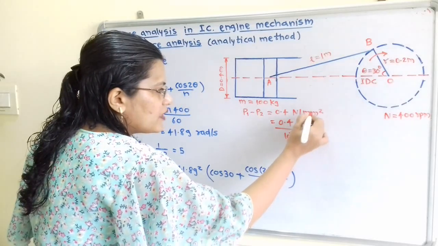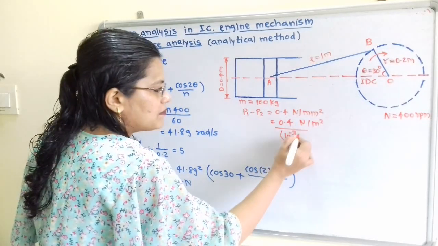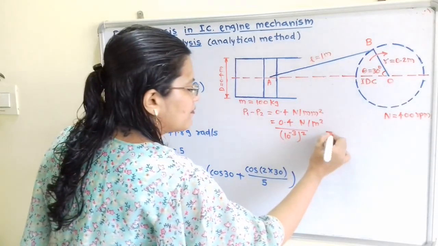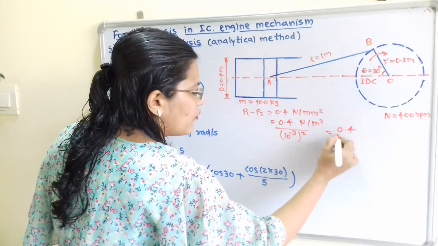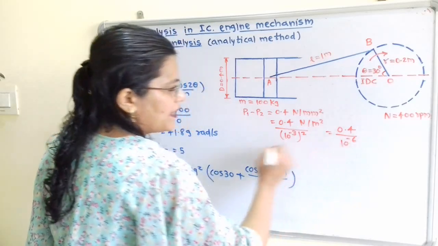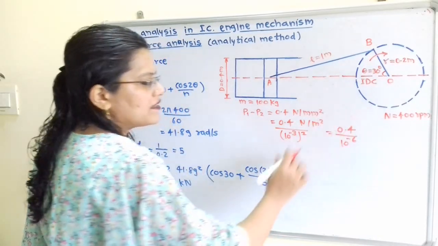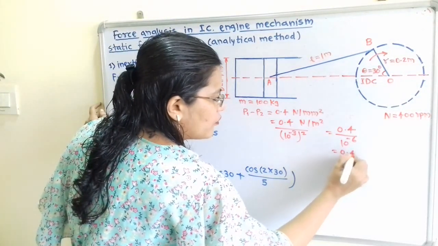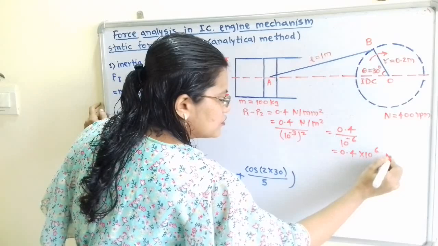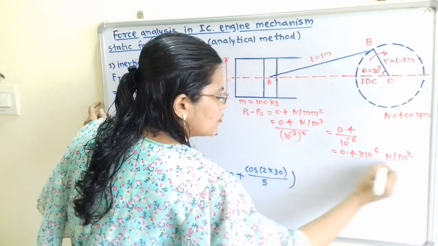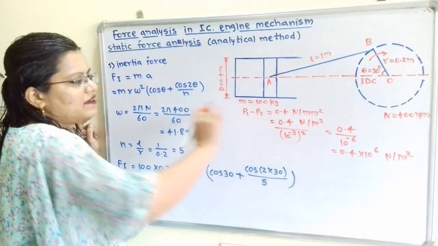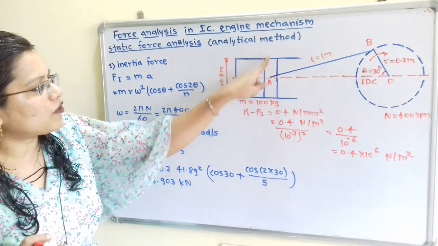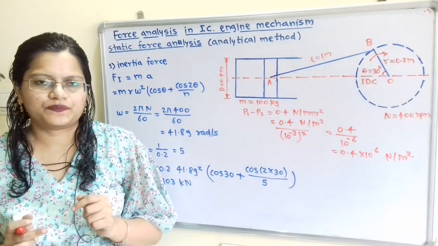So we have to take here a square, that means 10 raised to minus 3 and outside the bracket there is square. So we will write here 0.4 divided by 10 raised to minus 6. So this 10 raised to minus 6 we can take in the numerator. So 0.4 into 10 raised to 6 Newton per meter square. So this is the value for P1 minus P2, that is the pressure difference about this piston is given.